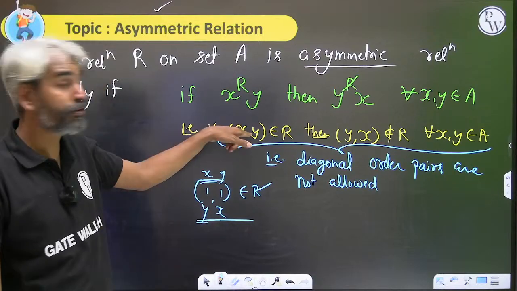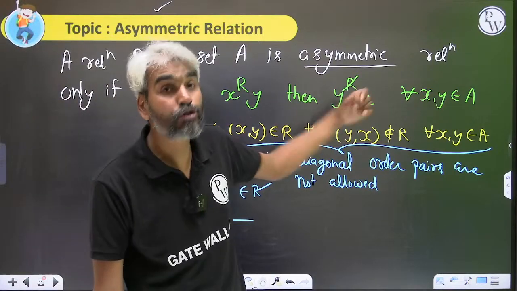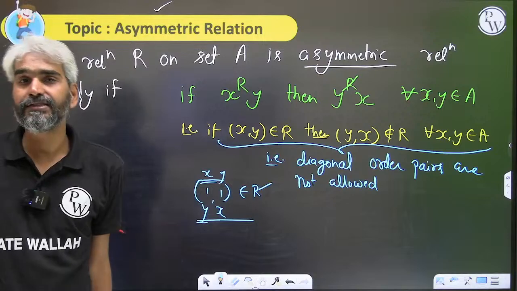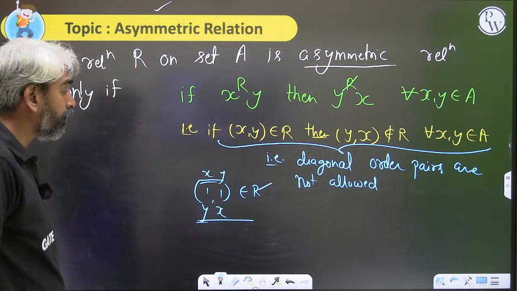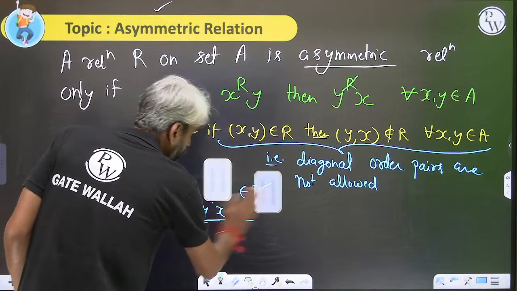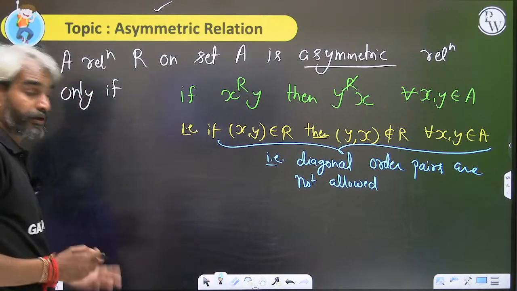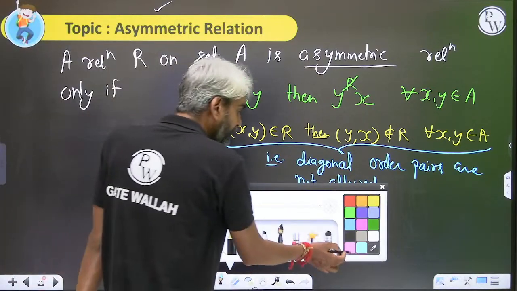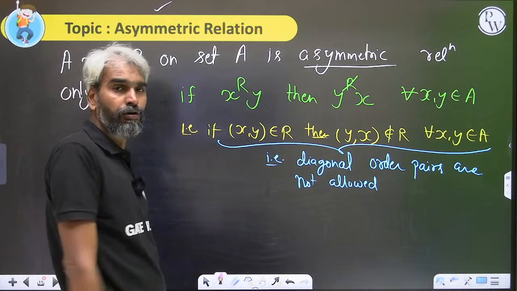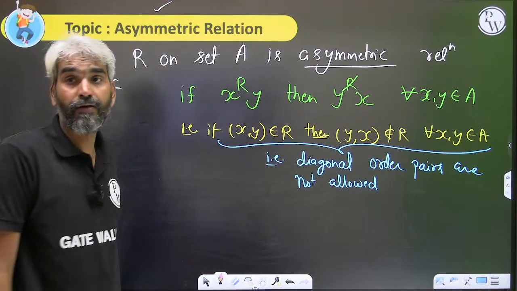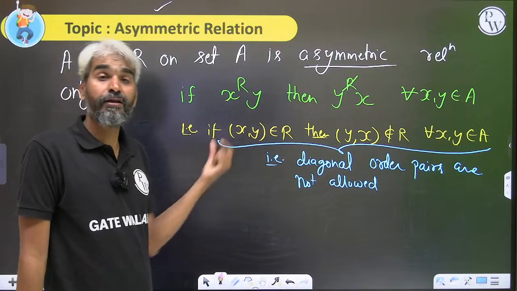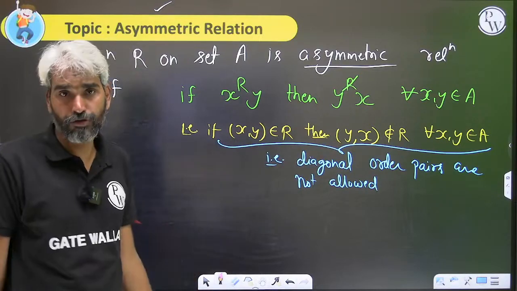But we are saying if x comma y belongs to R, then y comma x should not belong to R, no matter whether x is equal to y or not. Therefore, diagonal ordered pairs are not allowed. Apart from that, if a non-diagonal ordered pair x comma y is present, then y comma x should not be present. Similarly, if y comma x is present, x comma y should not be present.